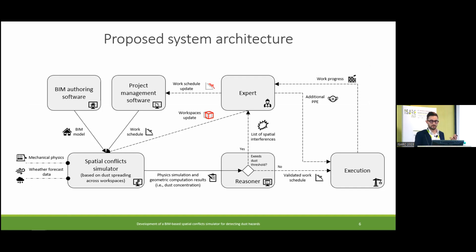A few comments about this architecture. We have the BIM model and the work schedule that are provided to define the 4D model and workspaces within the spatial config simulator.